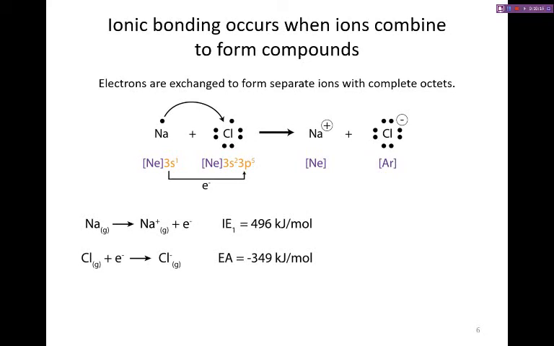If we were to quantify this process and see what's the energy involved, we see that it requires 147 kilojoules per mole to form these ions. Hopefully it makes sense that it requires energy to break the bond between sodium, and it gives off energy to form the bond with chlorine.